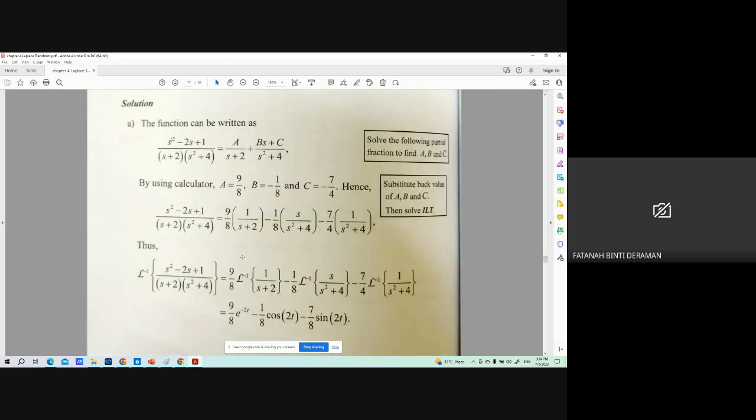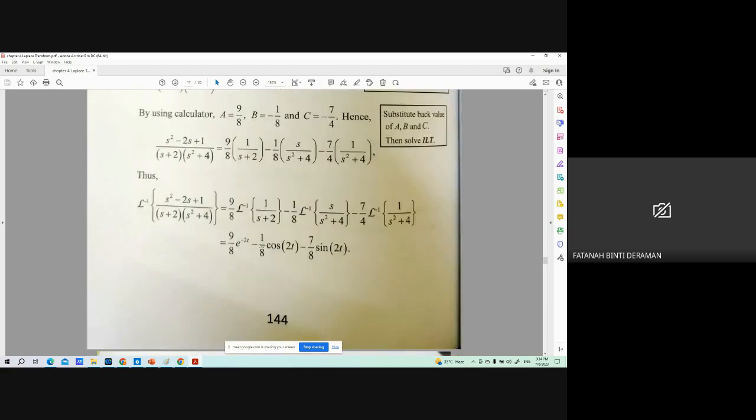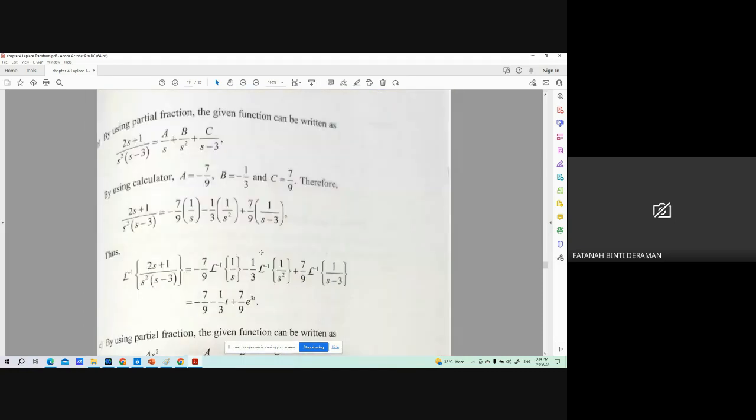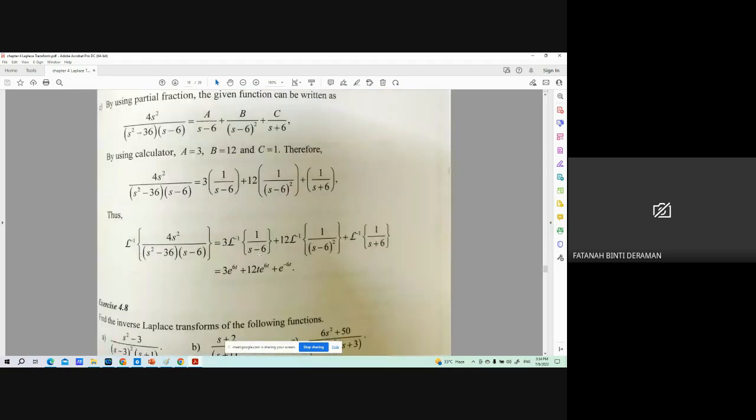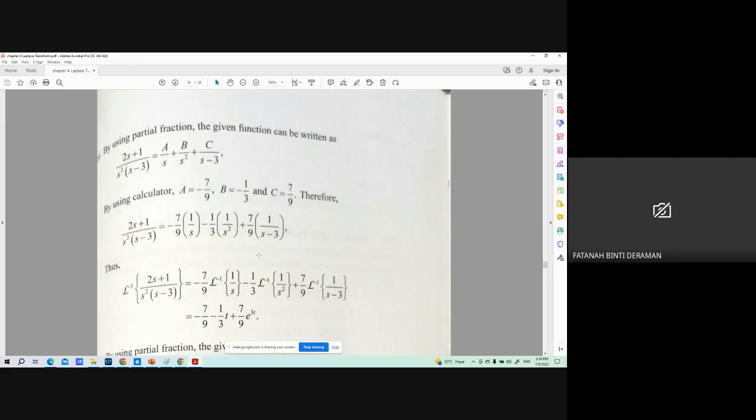separate this fraction to this form. The similar step happens for the second example B. We can see here (2s plus 1) over s squared (s minus 3).